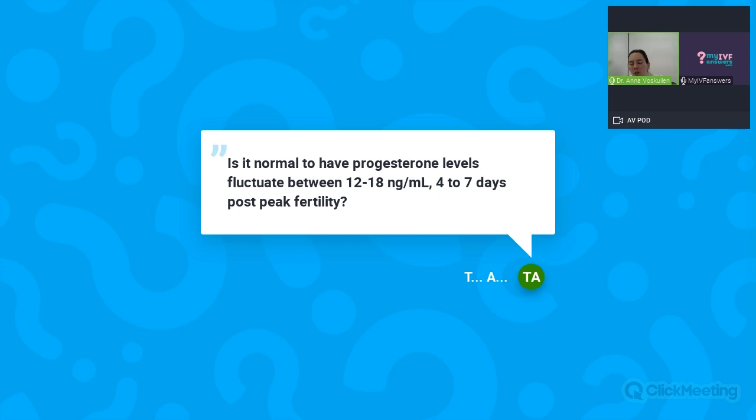But if it's more than 6, it tells us that you've ovulated, okay? And these are correct levels of progesterone, so don't worry about that.